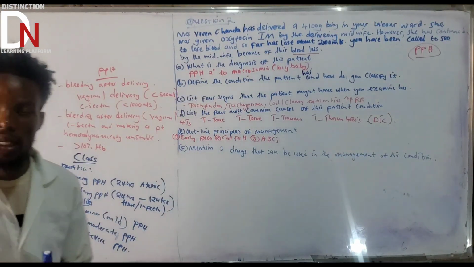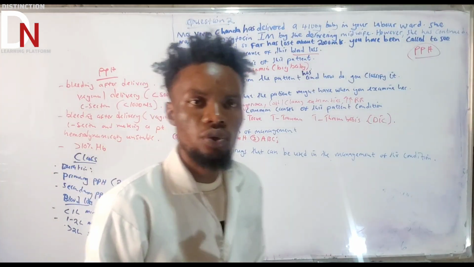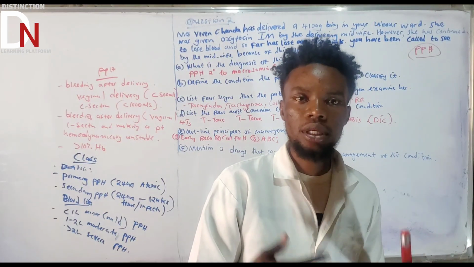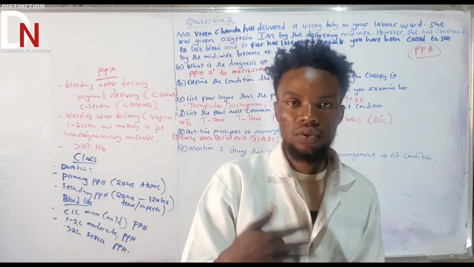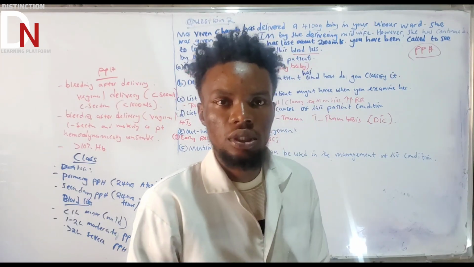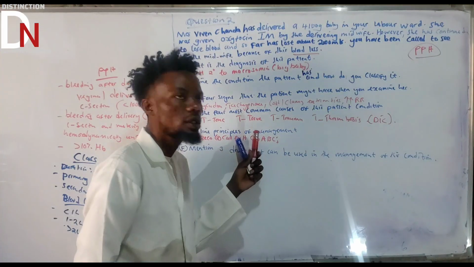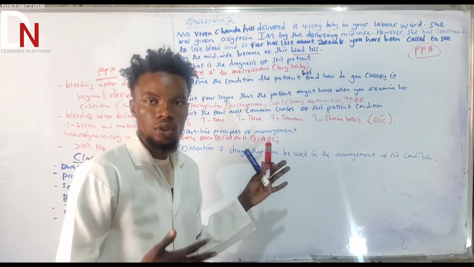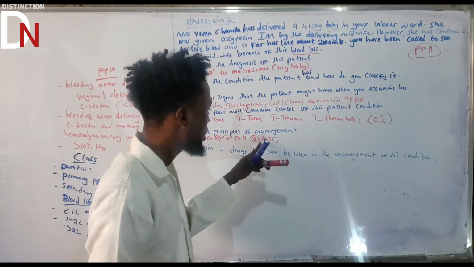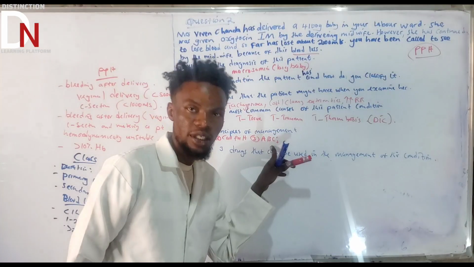Okay, you resuscitate. A lot you can do under airway, breathing, circulation. You stabilize the patient. That's why maybe you can treat shock, because these patients are losing blood, okay? So you need to treat shock as well. So this is under the ABCs. You need to stabilize the patient, okay?